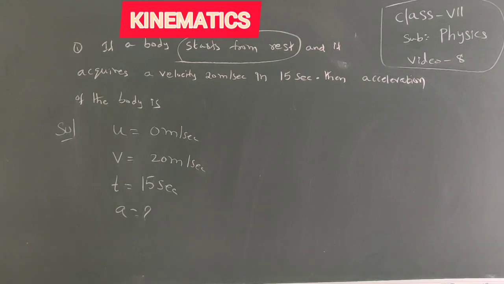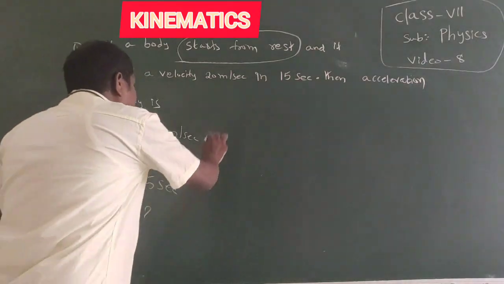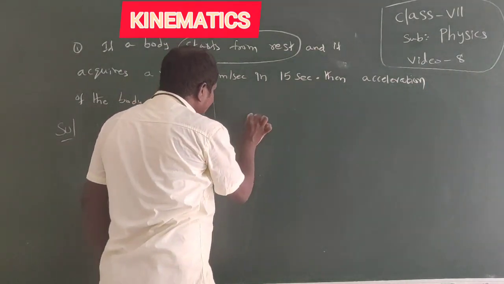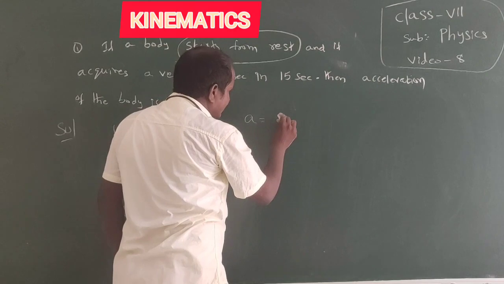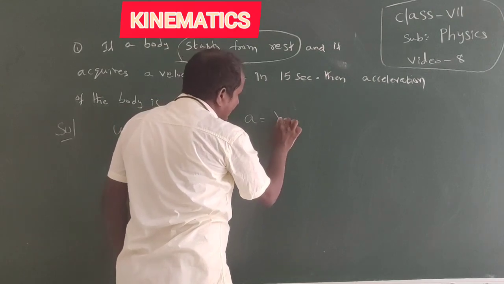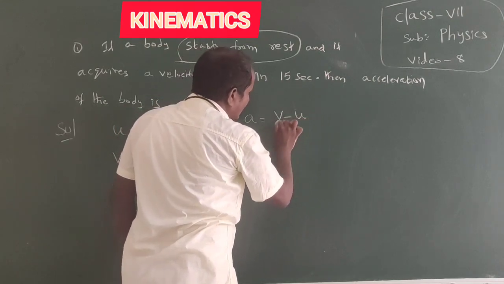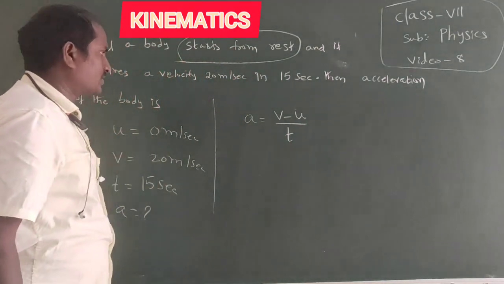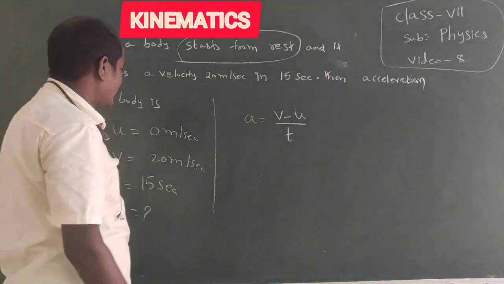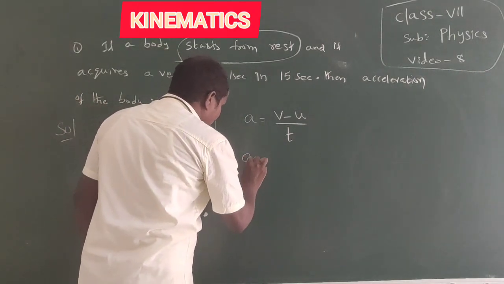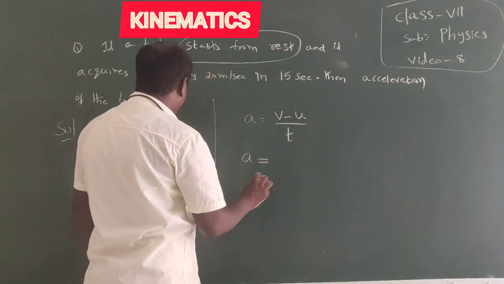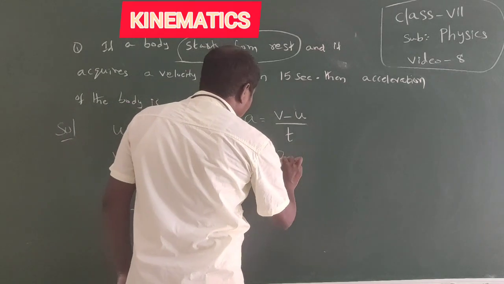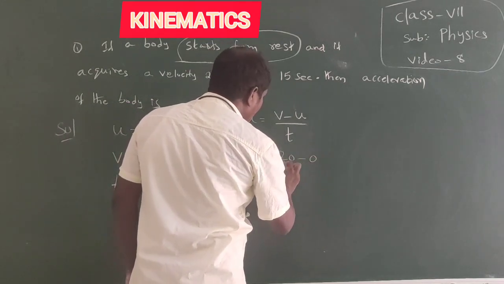What is meant by acceleration? Acceleration means change in velocity with respect to time, means final velocity minus initial velocity by time. a equal to (v minus u) by t.